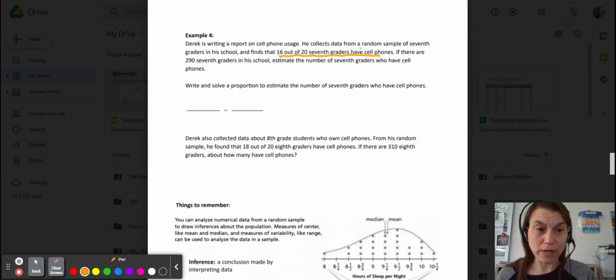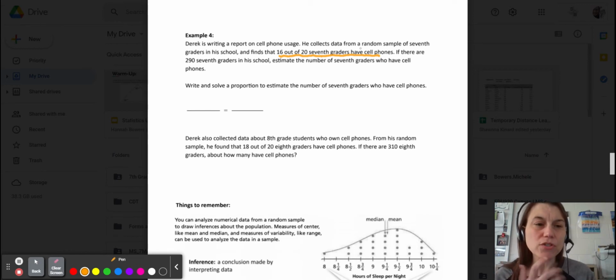The 20 is the number of seventh graders from the random sampling, and out of those 20, 16 said yes, I have a cell phone. So he's going to use that information to make a prediction, an estimate, about how many seventh graders in his school have cell phones.